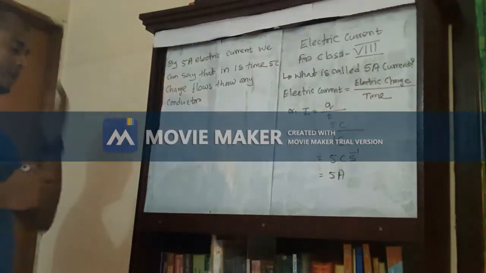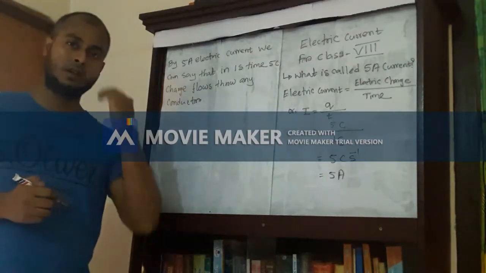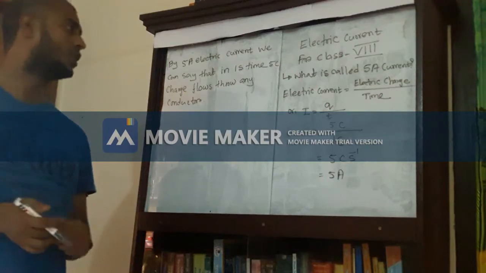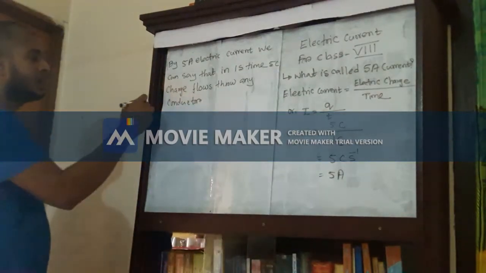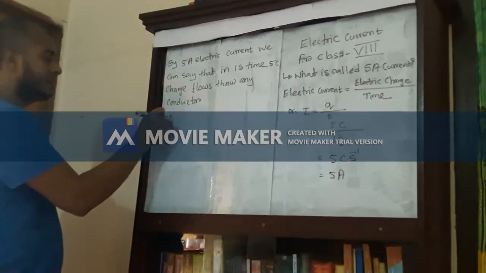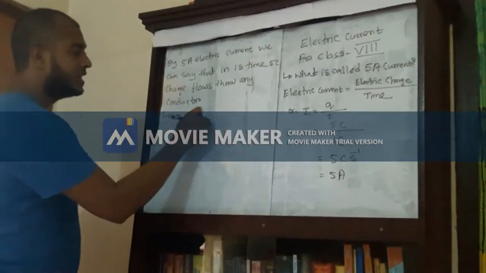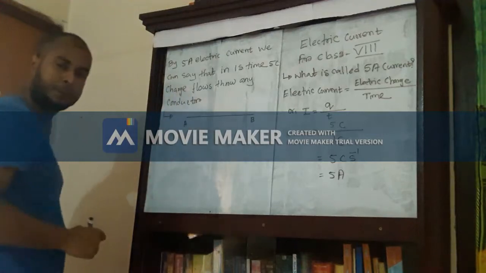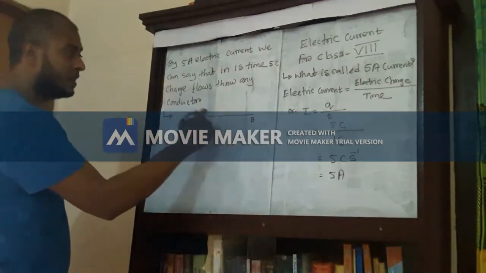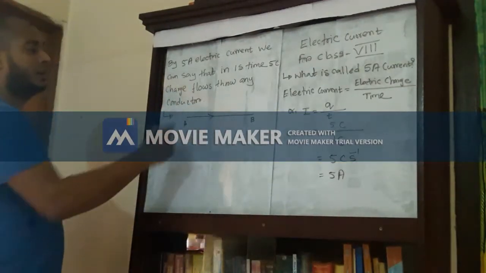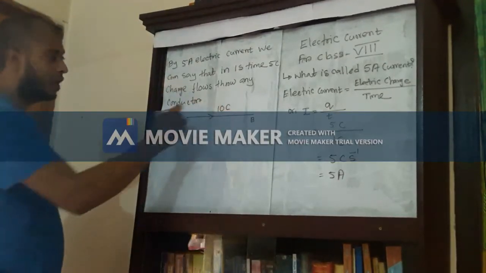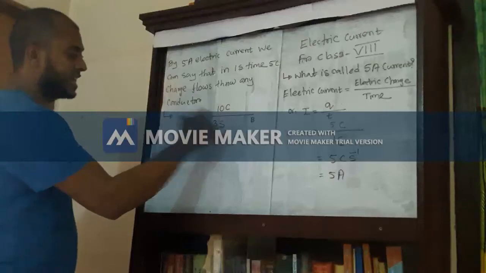Okay? Now, in the next segment, I need to know how can I calculate electrical current. Say, boys and girls, this is an electrical wire, this is point A and this is point B, and from point A to point B, say 10 coulomb charge flows for 3 second time.